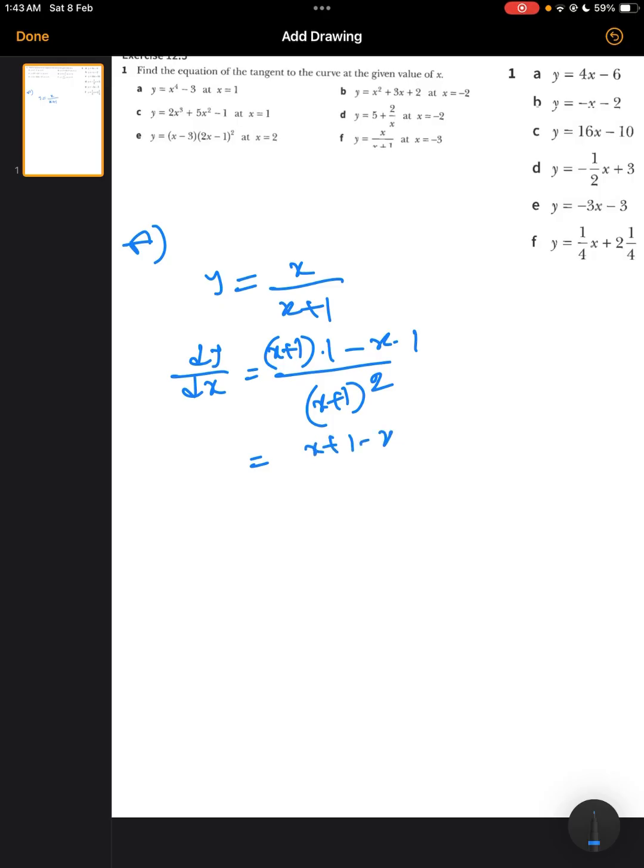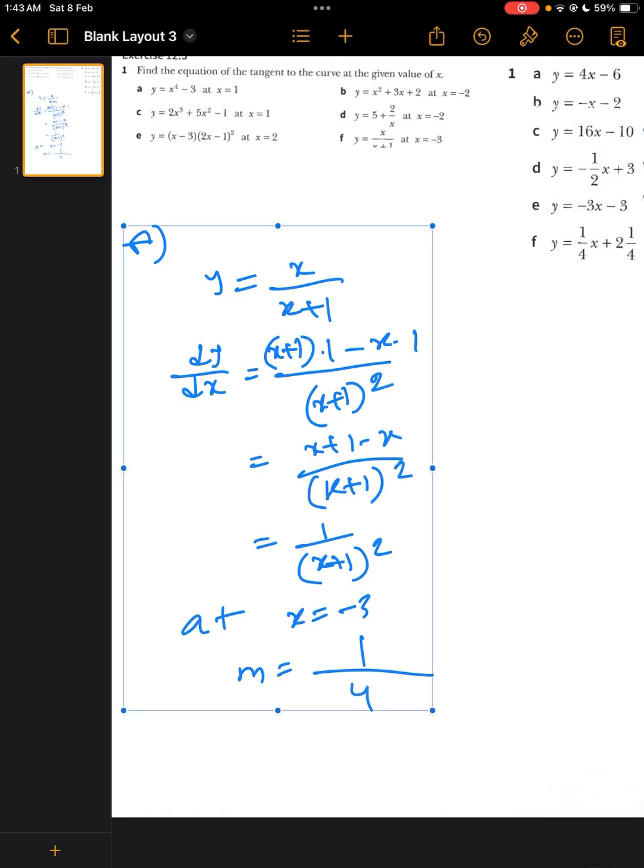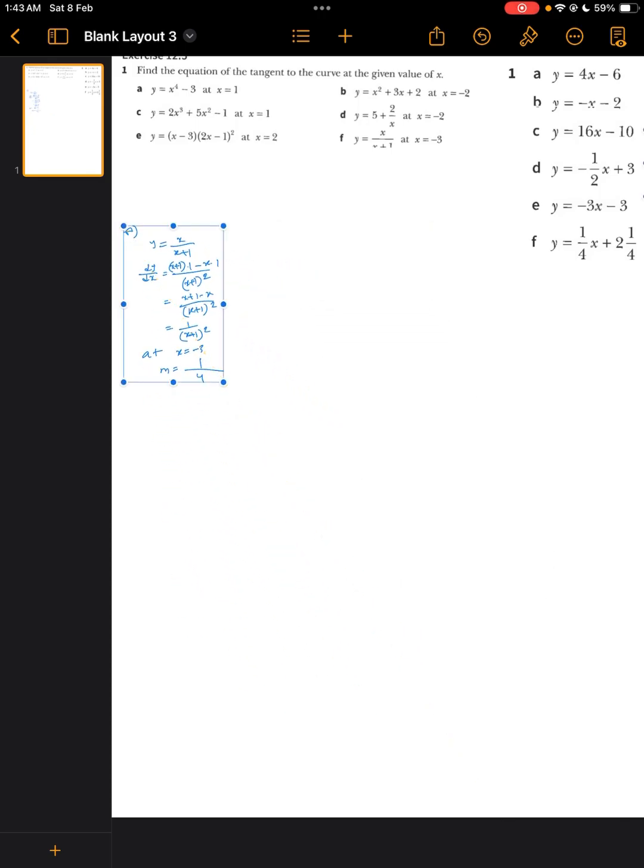So x plus 1 minus x divided by (x plus 1) whole square. It would become 1 divided by (x plus 1) whole square at x equal to minus 3. M would be 1 divided by (minus 3 plus 1), minus 2 squared, which is 4, 1 by 4. So we got our gradient is 1 by 4.